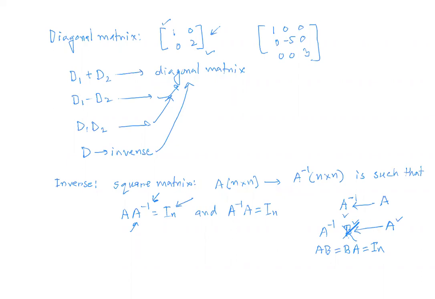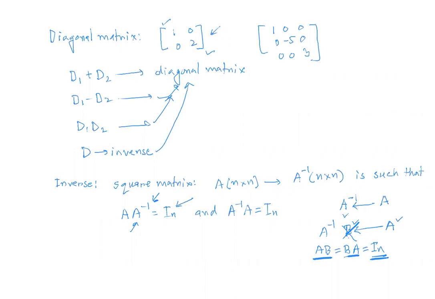So if A times B is the same as B times A, and both equal the identity matrix of size n, then these two matrices are called inverses of each other. That's the definition of an inverse matrix.